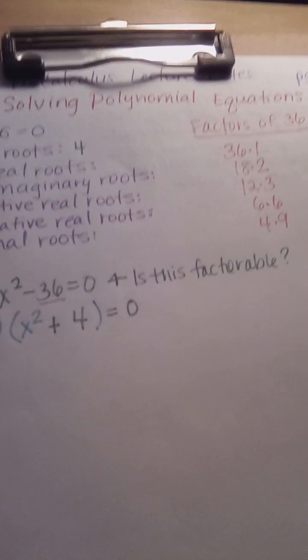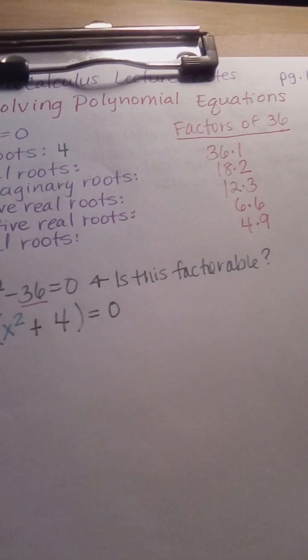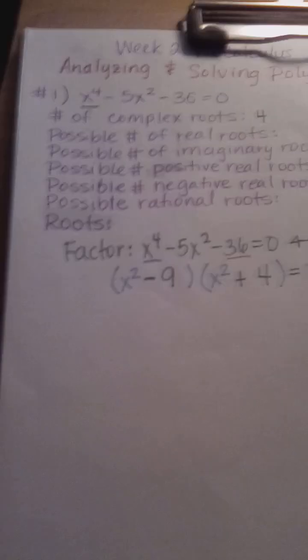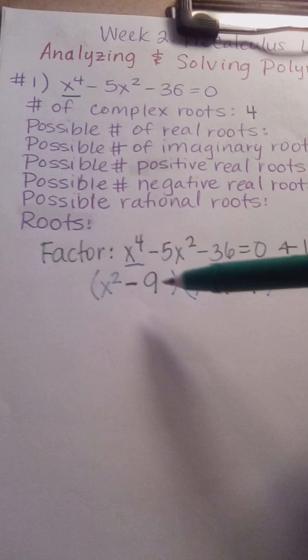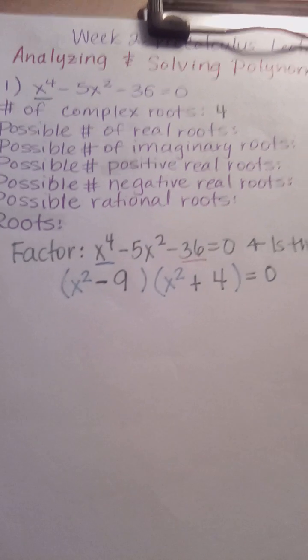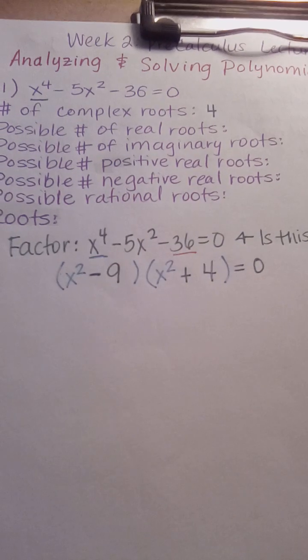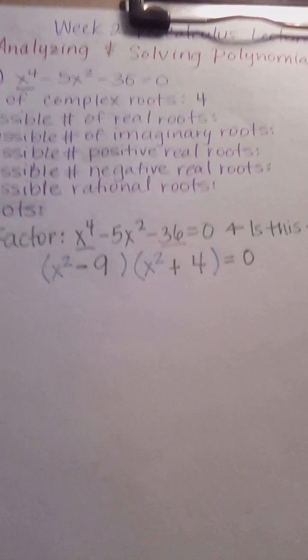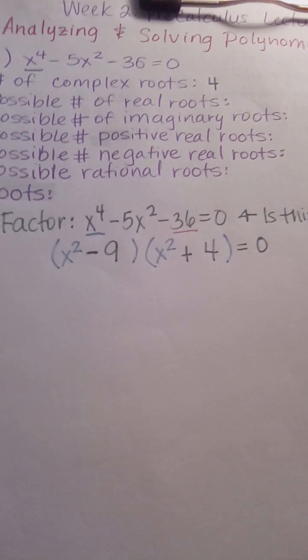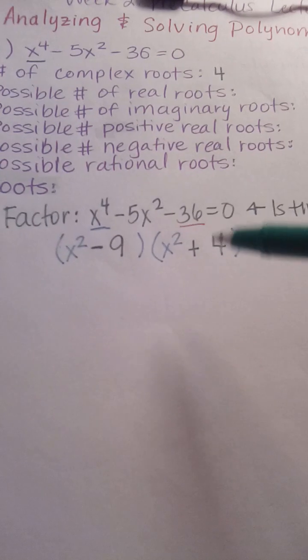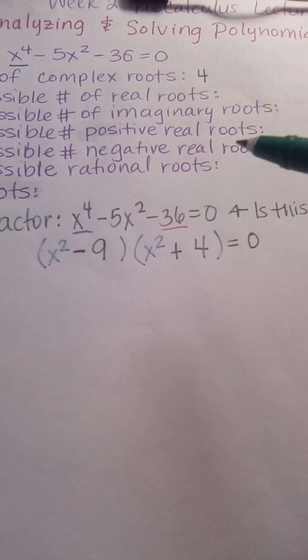All right. Let's do this part. Okay, let's do this. We know that 9 and 4 are perfect squares, right? Do you remember back in early algebra, Algebra 1 and Algebra 2? We know that. So we're going to do this.